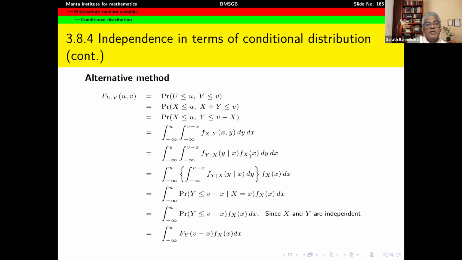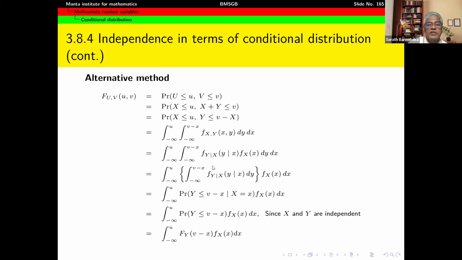Now, the same idea: the limits of integration are going to be the same as previously. When you are integrating with respect to y, it goes from minus infinity to v minus x. Integrating with respect to x will go from minus infinity to u. So now you can separate this out when you are integrating with respect to y, and then consider f_X(x) after that.